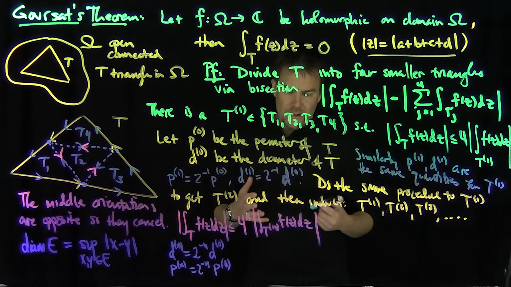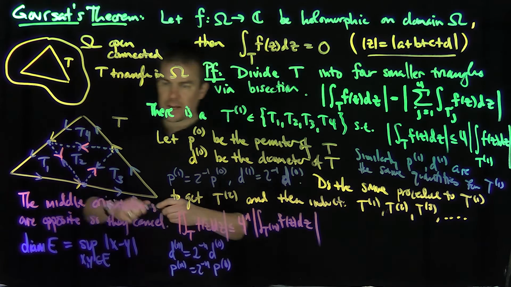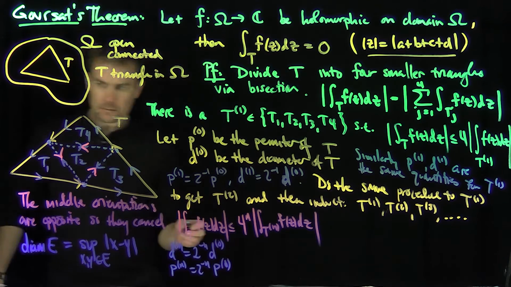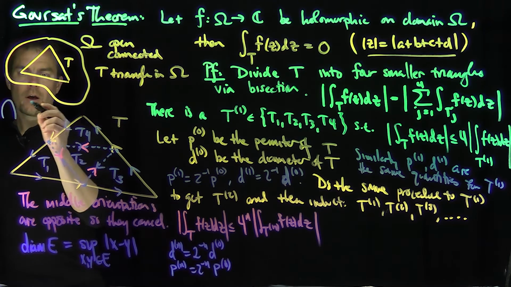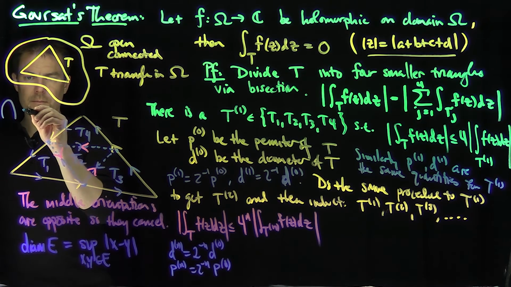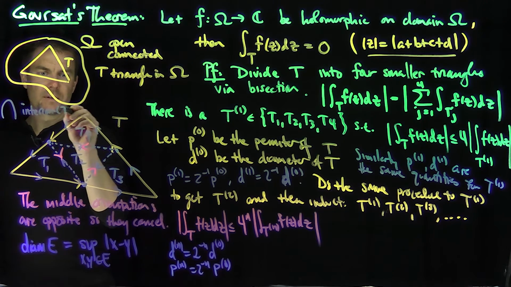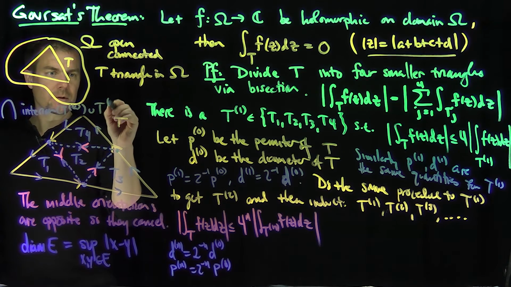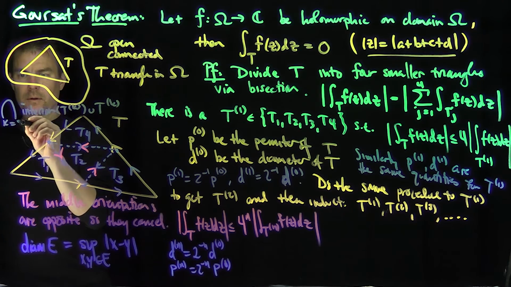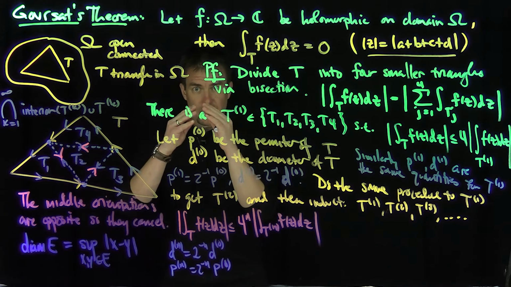Now, what's the point over here? The point is that if I look at the intersection of all these triangles, the intersection of the interior of Tk with Tk itself, all these triangles are getting smaller and smaller.